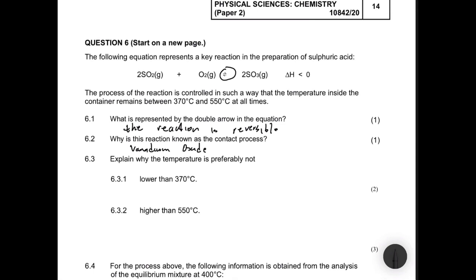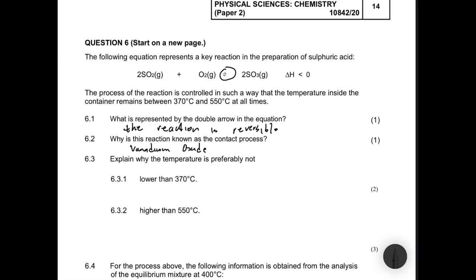And then 6.3 says explain why the temperature is preferably not lower than 370 degrees. So they're telling us that for this reaction we need the temperature to be at least greater than 370 degrees.